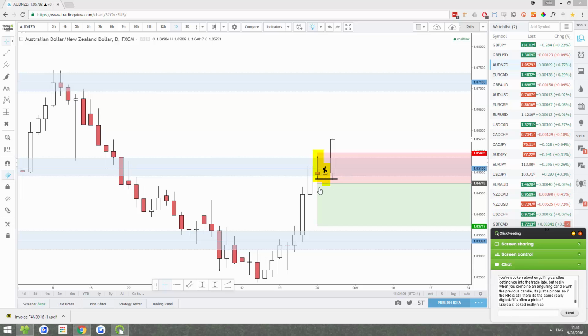So I'm going to wait for sellers to take control. So I set my entry down here instead. I was talking about trying to find a good entry in yesterday's analysis, and that ended up being the entry I picked, which didn't actually end up triggering.